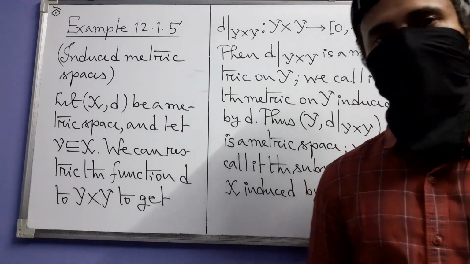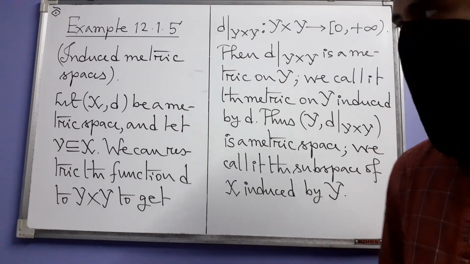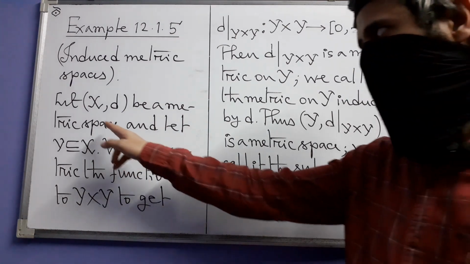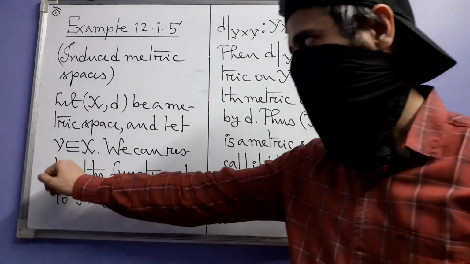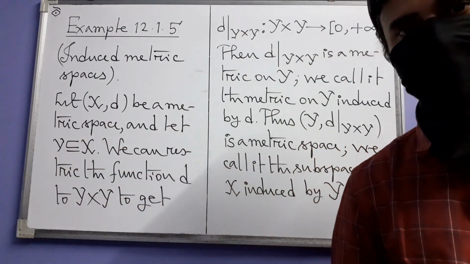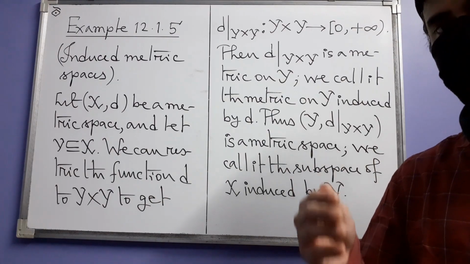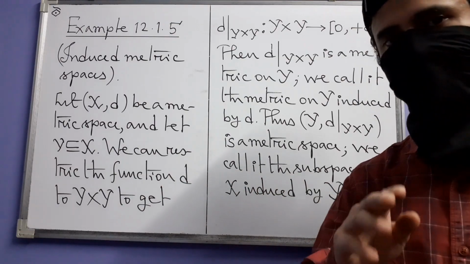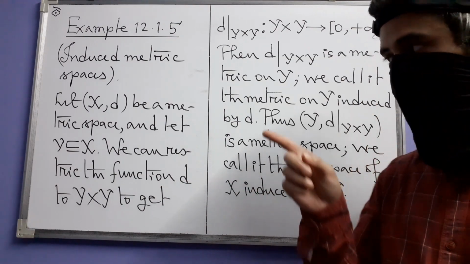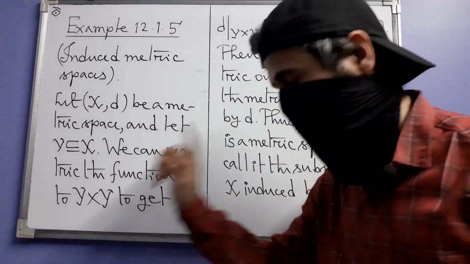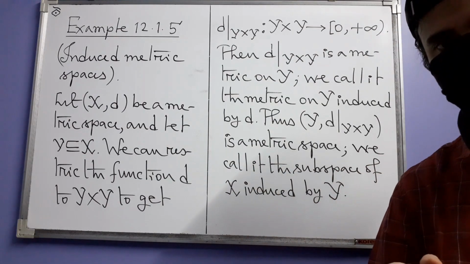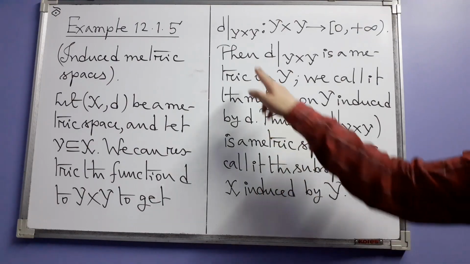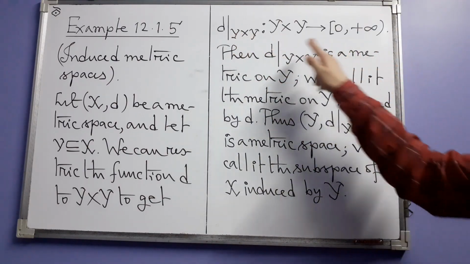The next example is that of induced metric spaces. This is a little general. Say you have a metric space (X, d) and you have a subset Y of X. Then we can restrict the metric, the function d, which originally has the domain X times X, to its subset Y times Y, because Y is a subset of X, so Y times Y is a subset of X times X. So d can be restricted to this subset to get this restriction.